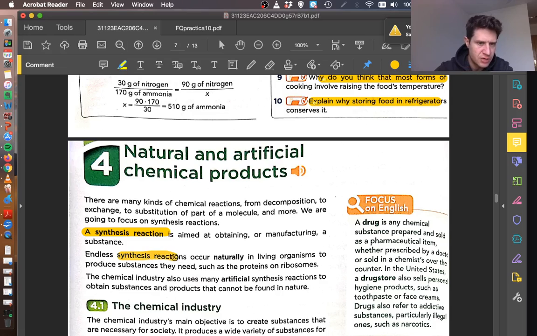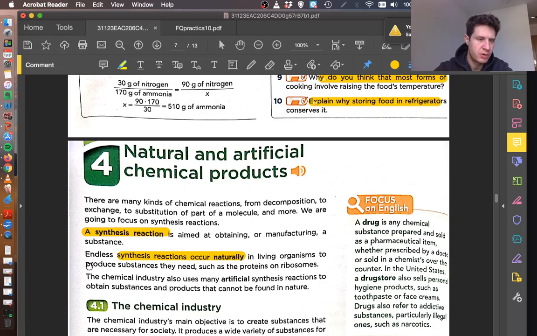It comes naturally, okay? For example, when bread is decomposed by bacteria and fungi, yes? Cuando se descompone el pan, this is a natural reaction, yes? We are transforming a substance into another, yes?